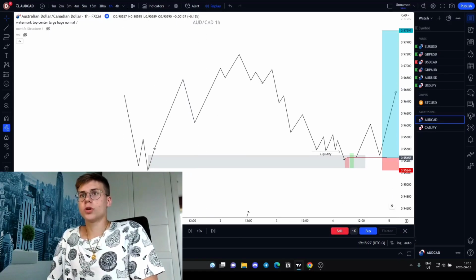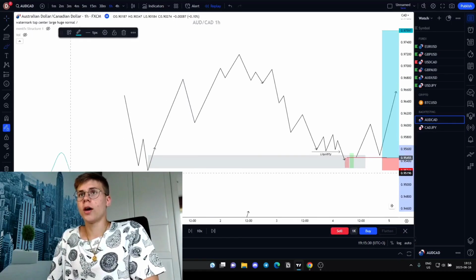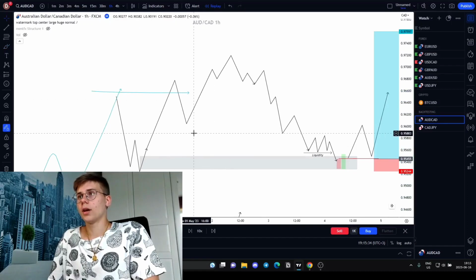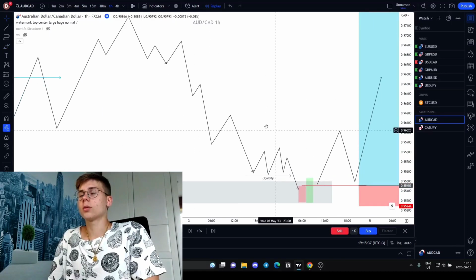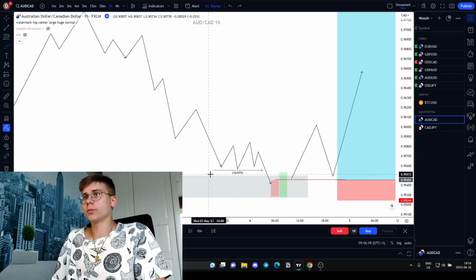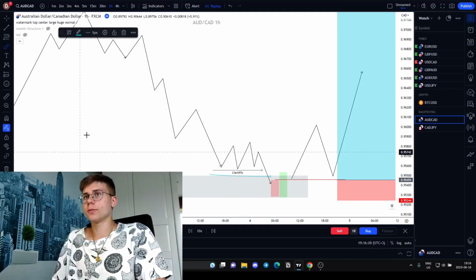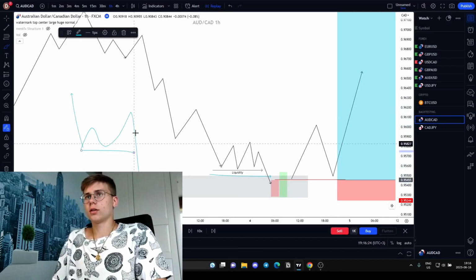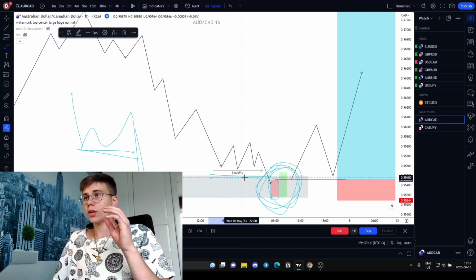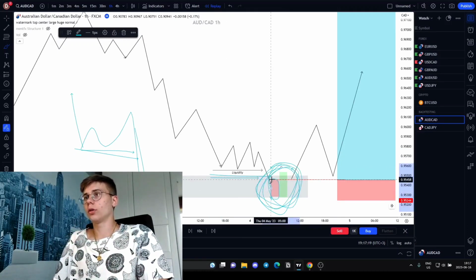So we are assuming that we have a clear trend. This was a break, and price comes back to a demand zone. I need some type of liquidity, some lows, like two lows, and the market goes straight down and liquidates those lows. After that liquidation, I need to look for the engulfing candle model.